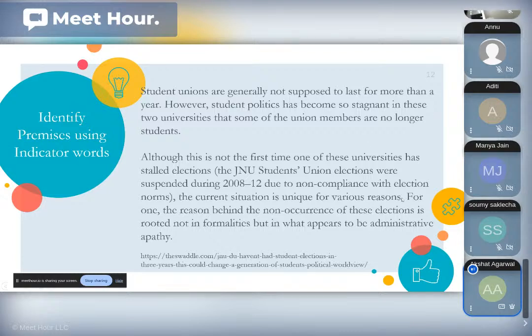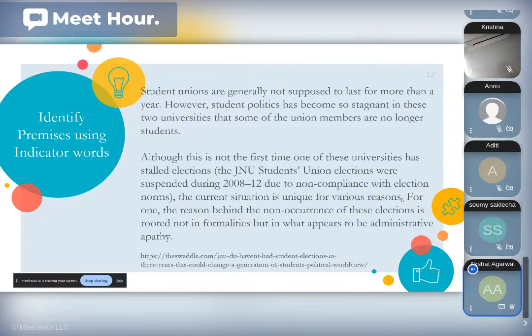Now, what will usually happen in your CLAT paper is that they'll ask you to, let's say, weaken an argument made by the author. If there's an option which says that the administration was very actively involved in student elections, then that weakens or attacks the author's premise. That is why it's important to identify what a premise is and what a conclusion is, right?